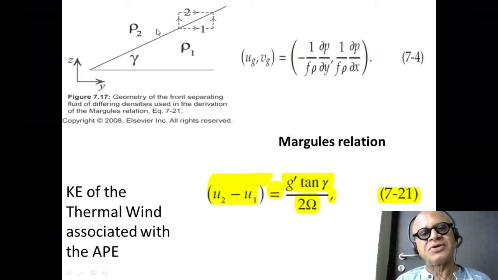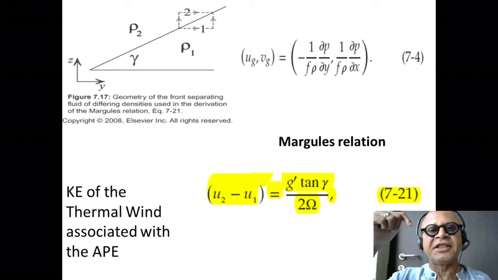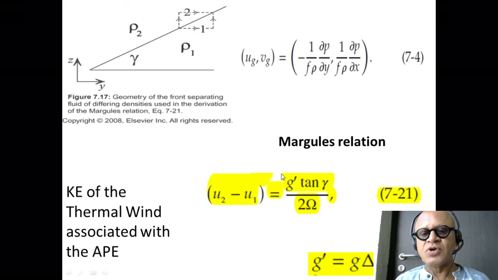The shear, if you will, u2 minus u1, was derived as g prime, our reduced gravity, tan gamma, the angle of the front, divided by 2 omega, because we are in a tank. Rotation and gravity are in the same direction, so this was our simple expression, where g prime of course is g delta rho over rho 1. Delta rho of course is the difference in the densities.